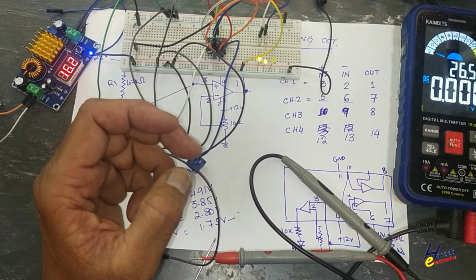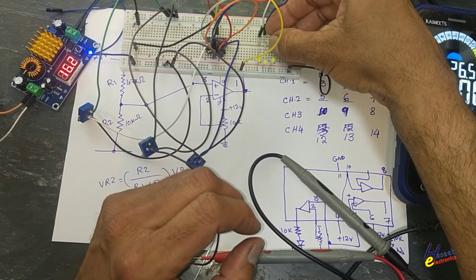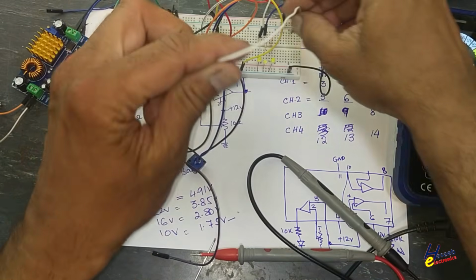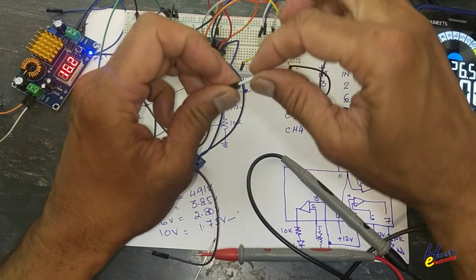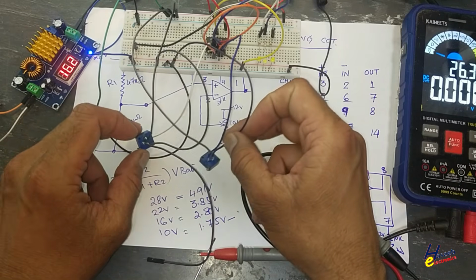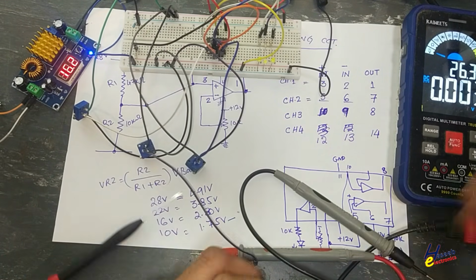LED, ground, 10K resistor. The resistor's second side will be connected to pin number 8, and we will connect this potentiometer at pin number 9.